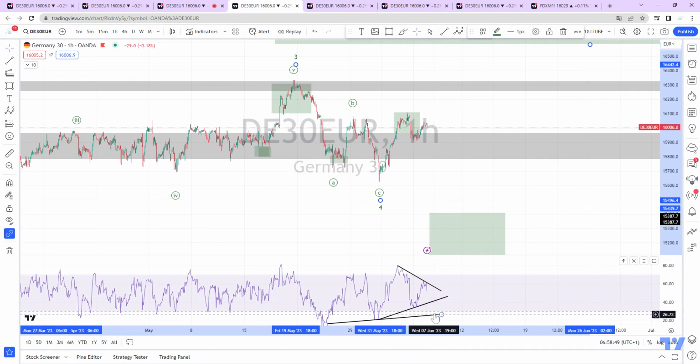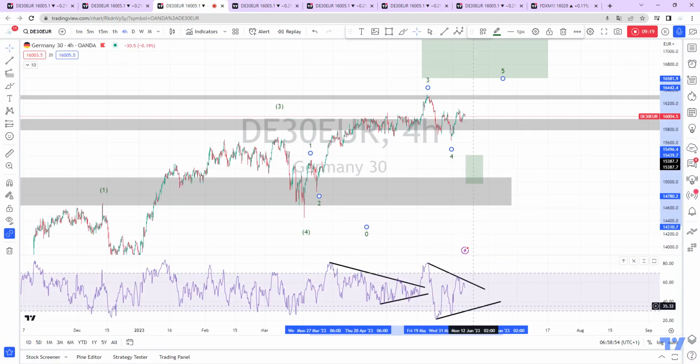I don't like this squeezing here. It's mostly from my experience an unreliable pattern. You do not really know, to the upside, to the downside.